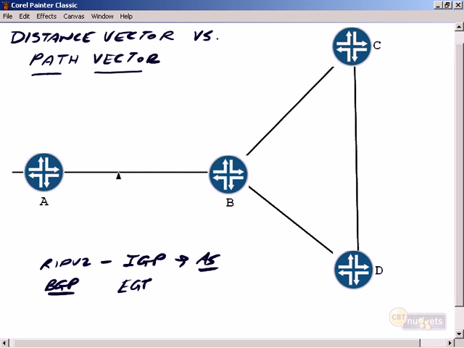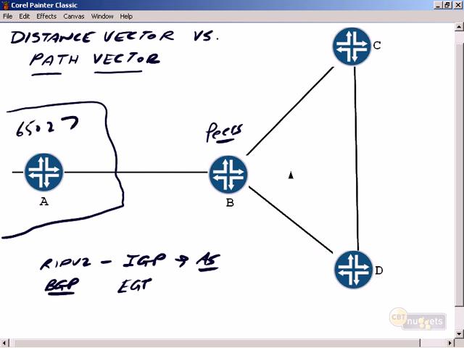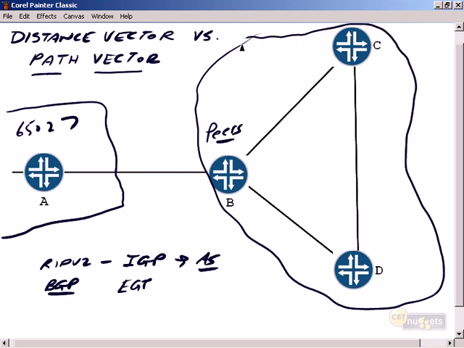And so these routers here, as opposed to being RIP version 2 neighbors, they could be BGP peers, like the routers between service providers or points of presence on the internet, for example. So for example, this router right here could be in autonomous system 65,027, and these peers could be in autonomous system 65,002.